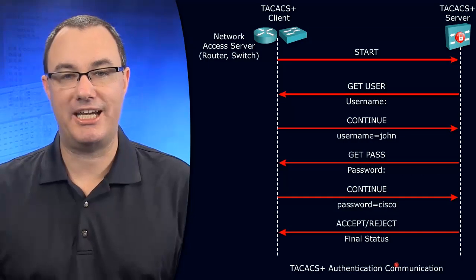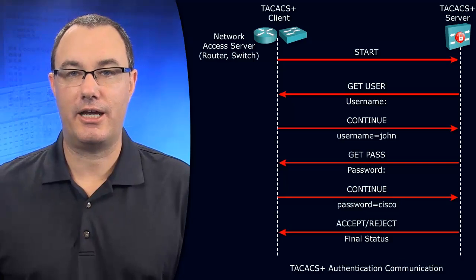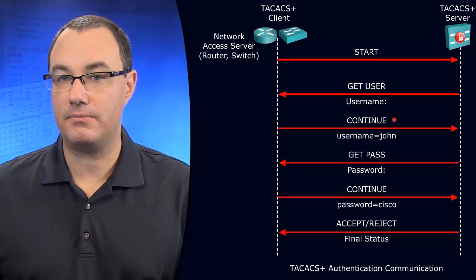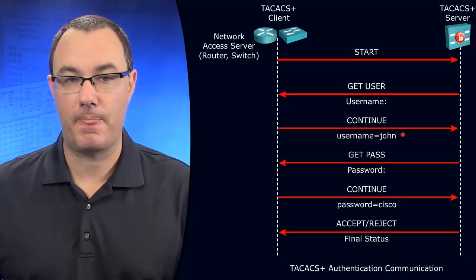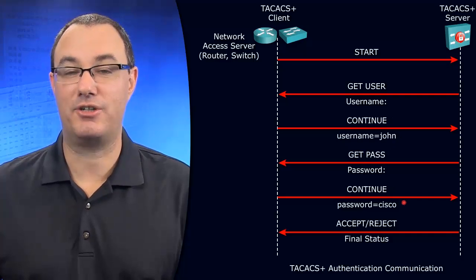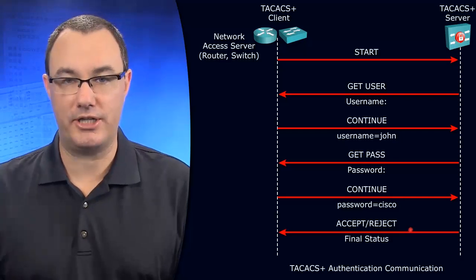TACACS+ communicates a little differently than Radius. We see the start, we get the user, we relay that information with our continue, then we get the password, we relay that information. So it's kind of like our reply. And then we are accepted or rejected.